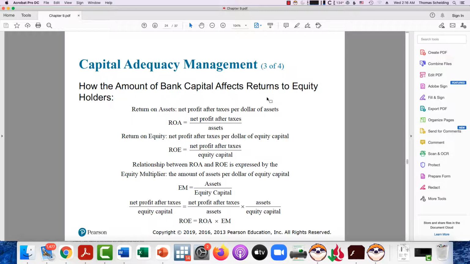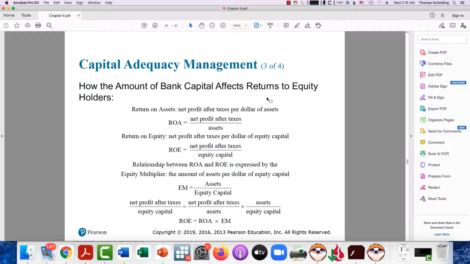The return on my equity, that's basically the wealth of my company, is going to be the net profit after taxes divided by the equity capital. And then I'm going to want to see how these two change over time as well, where I have an equity multiplier multiplied by my return on assets equaling my return on equity.